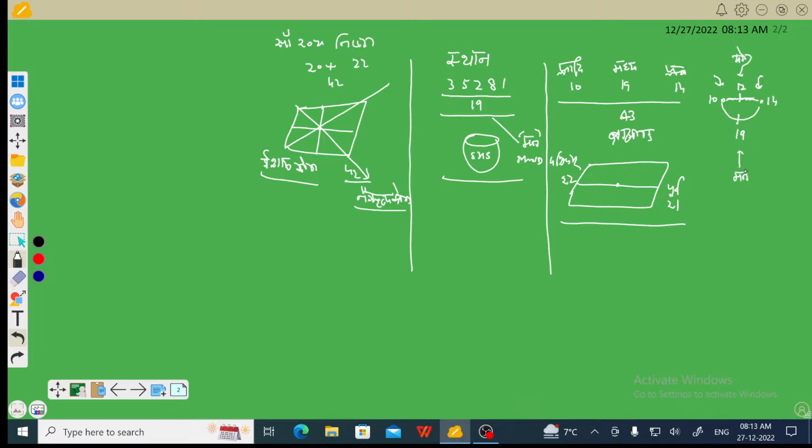Therefore, madhye of value 19 is having a difference value here of a 5, and the difference value here is a 4. So it is this reach of difference value 4 and difference value 5. It is the format. And then here the difference value is 9.